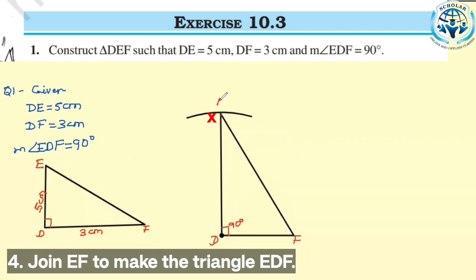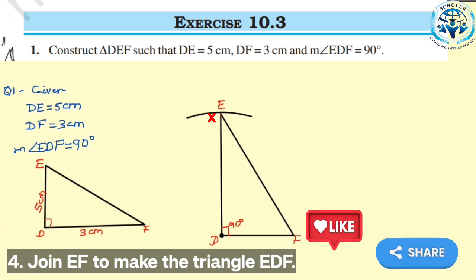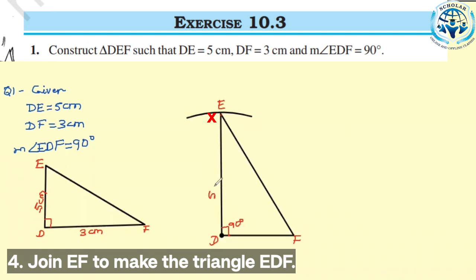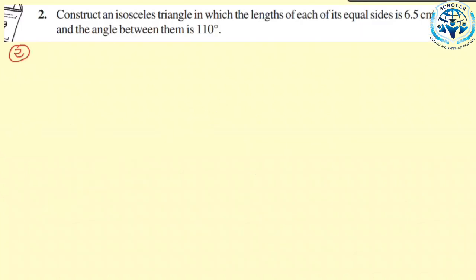The point of intersection is E. DE is equal to 5 cm, DF is 3 cm, and angle EDF is equal to 90 degree. All the conditions are satisfied. So it is the required triangle EDF.